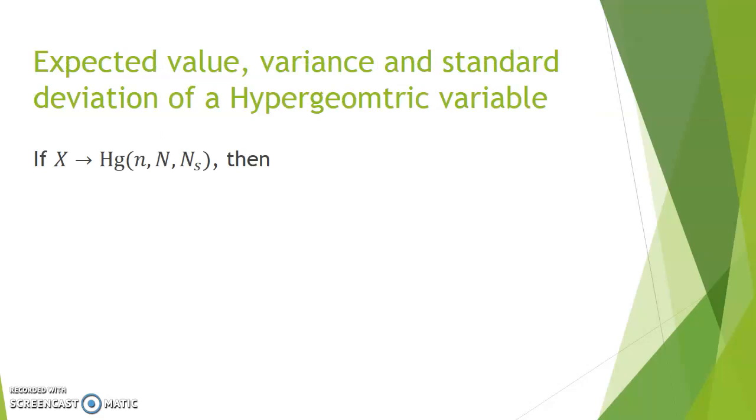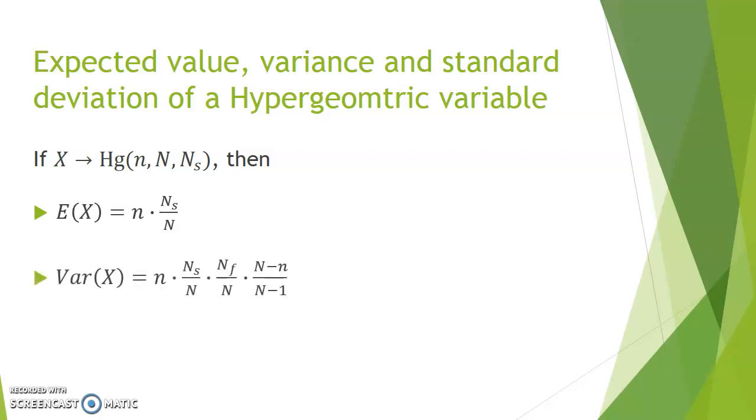Finding the expected value, the variance, and the standard deviation for a hypergeometric variable requires certain formulas. The expected value will be the product of the number of trials or number of selections times the ratio of ns over N. If you think of that ratio as being p, you will recognize a binomial law, or at least the same formula as we use for a binomial law.